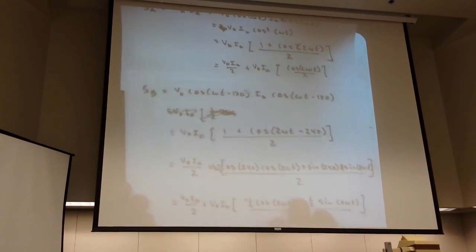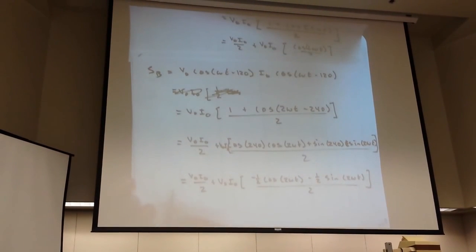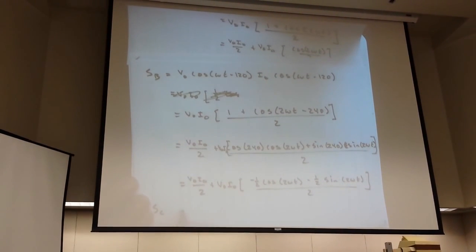And I'm going to totally shortcut our SC. Sorry, I'm writing down trigonometry. But we're going to wind up with something that looks like V naught I naught over 2 plus V naught I naught plus 1/2 cosine 2 omega t plus 1/2 sine 2 omega t all over 2.